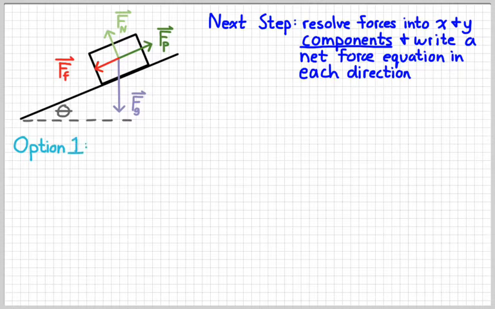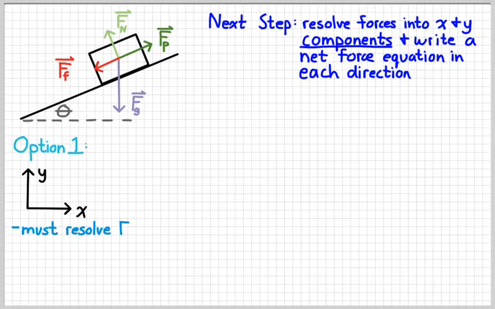If we didn't learn any differently, we'd probably choose the harder option, which is to leave x and y to the right and up, and then resolve the frictional force, the push, and the normal force into components that are parallel and perpendicular to that coordinate system. Well, that's going to be really hard because you're going to have to do three vector diagrams, and then you're going to have an acceleration in both directions because this thing would accelerate up and to the right or down and to the left. And so option 1 is not a very good option.